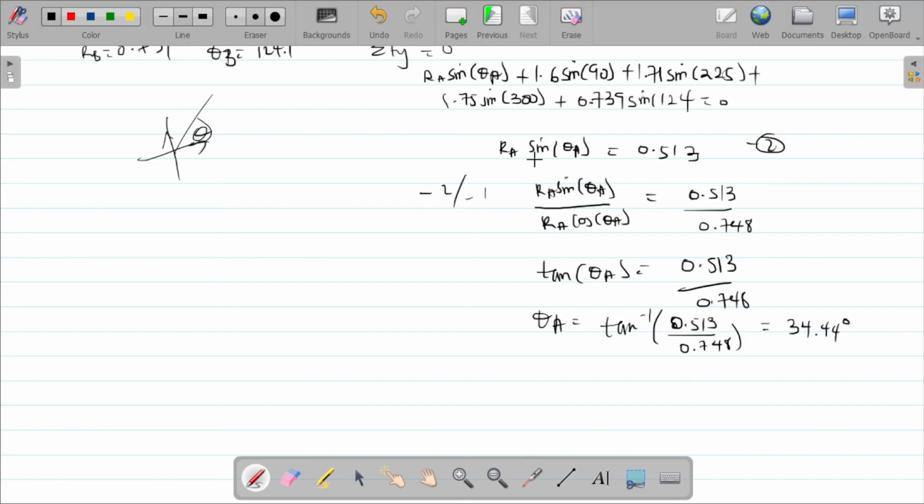We can get RA as well. RA sine 34.44 should be equal to 0.513.